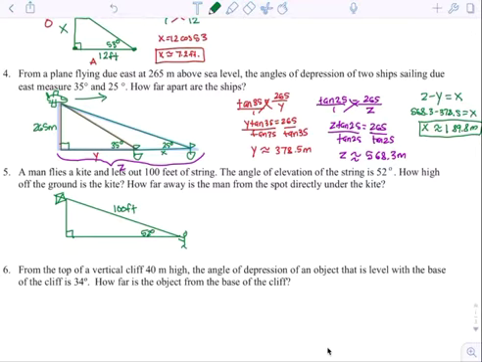The line of sight to the ground. Now, how high off the ground is the kite? So you guys are trying to figure out that one. And then it says how far away is the man from the spot directly under the kite, which is this value. So we actually have to find x and y.